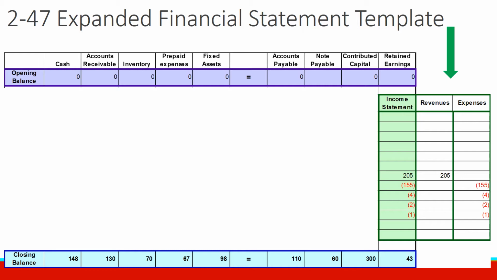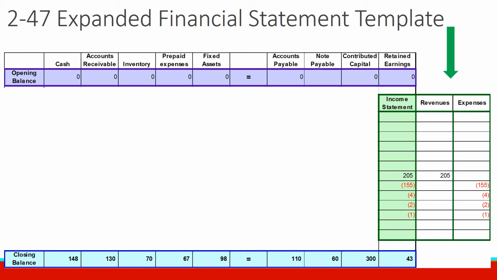And what we will see over the course of it is as we record a revenue, as you can see here, a positive $205, it will carry over into the retained earnings column as an addition to retained earnings. In addition, if we record an expense, if we look at the row below the 205, we'll see a negative 155, negative as it's denoted in red and in brackets.